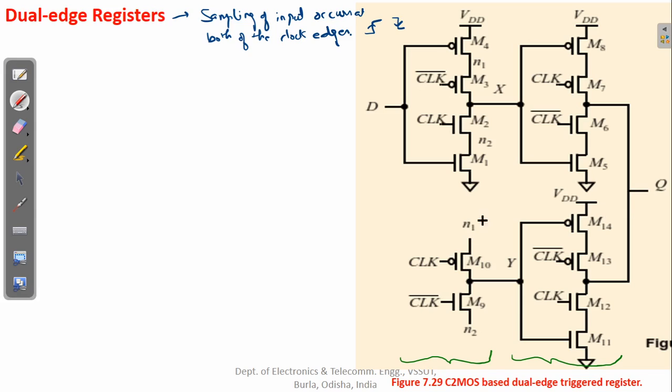Look at here, this is node N1, which is being derived, which actually means that this node is connected here, N1 here, and this node N2 is connected here, N2.